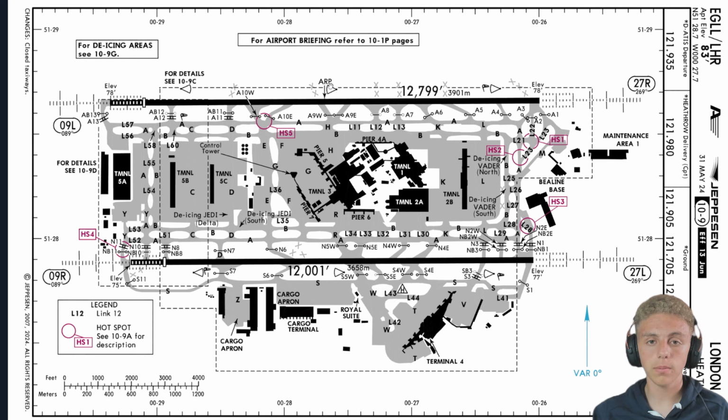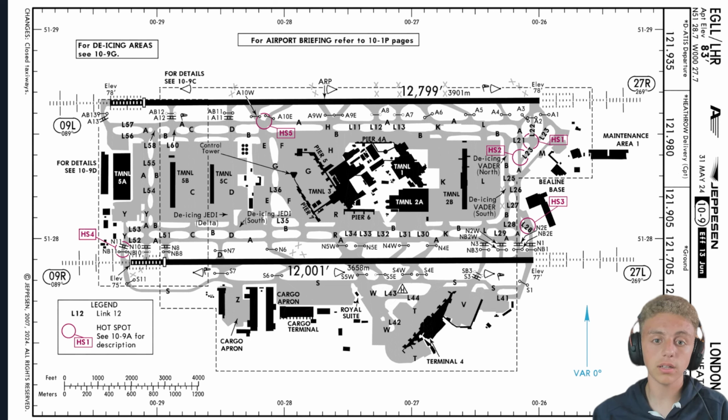Here is the ARP, and over here you can see some RVR, runway visual range equipment, that appears. You can see a windsock, and you can see the length of the runway. It's pretty much the exact same. If you can read the first chart, you can read the second one.